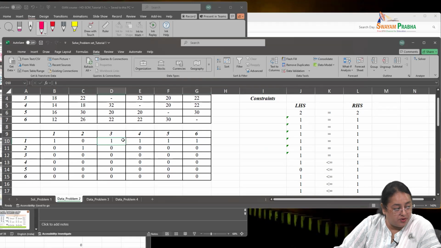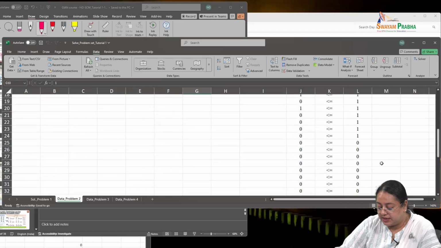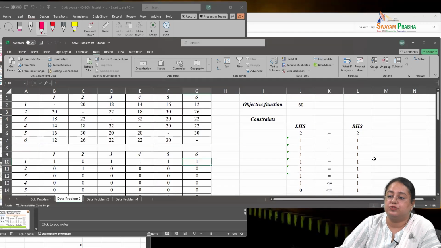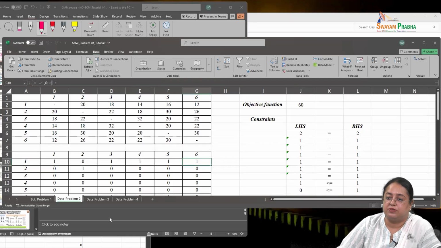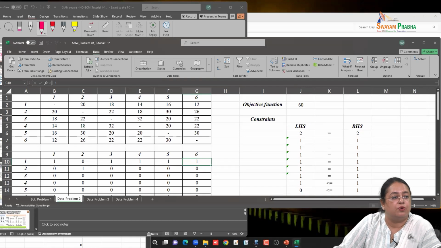Our j is 1, 3. There is something, we have to check the constraints. But you have to solve this problem like that. You have a solver, so rather than doing it manually, you can get the optimal solution here. Can you try it, and tomorrow tell me whether you are able to solve it?